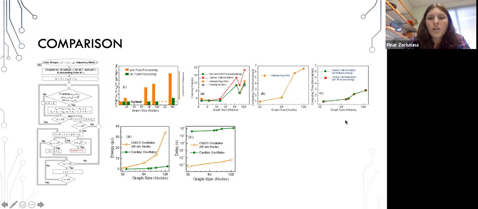similar to the other types of oscillators. So this graph compares all of the current possible algorithms and different devices, but here we also compared the CMOS oscillators and the cardiac oscillators. The one advantage that the cardiac-based oscillators, the bio-oscillators, would have is in terms of energy.